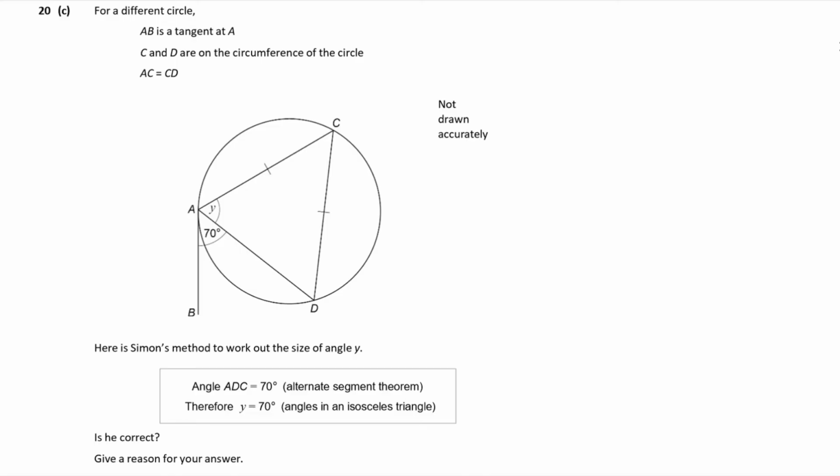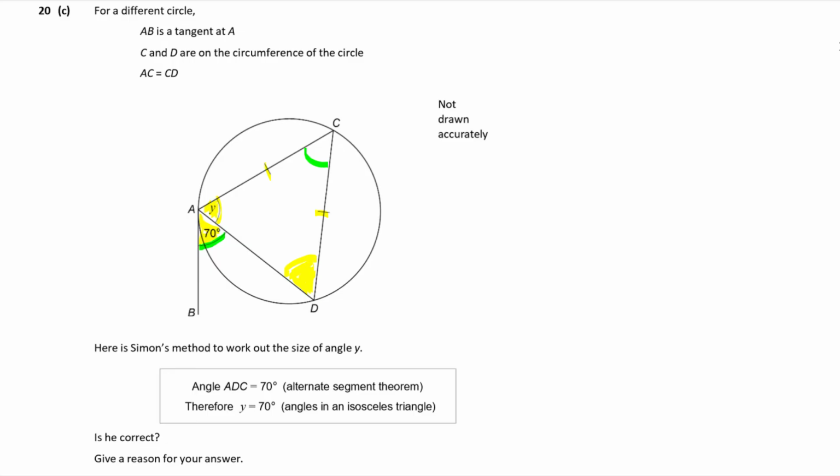So what he's saying is that this angle here must be equal to this angle here because of the alternate segment theorem, and therefore because you've got an isosceles triangle, that must be the same as well. But he is wrong. Why is he wrong? Because in the alternate segment theorem, it's actually this angle that matches with this one up here at the top of the isosceles triangle.